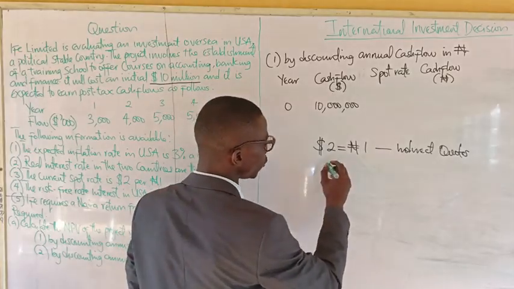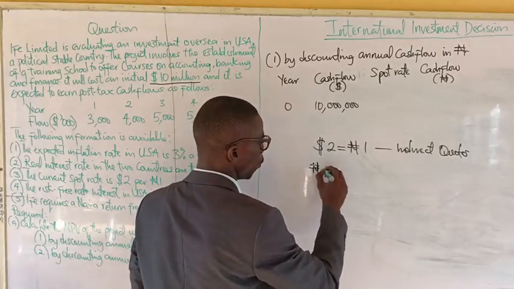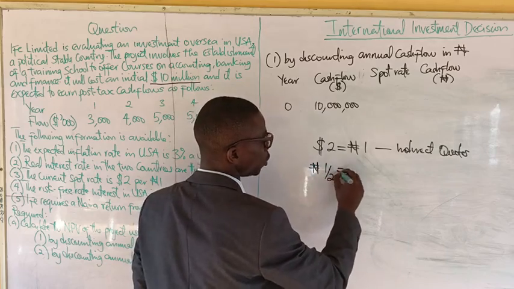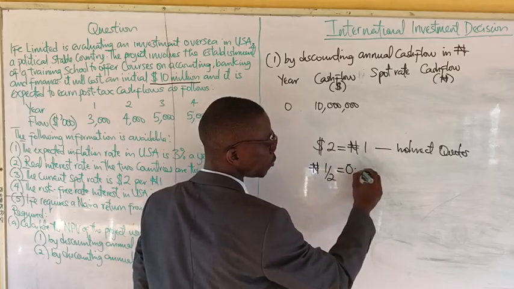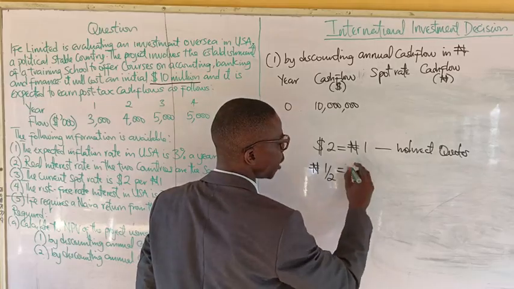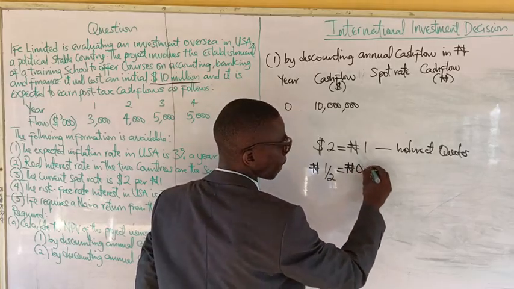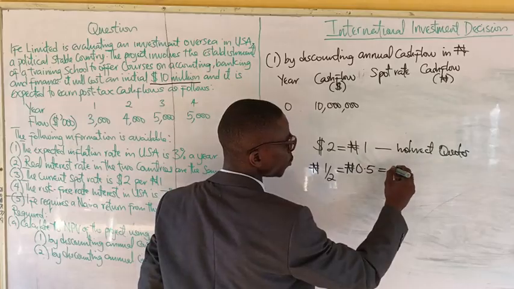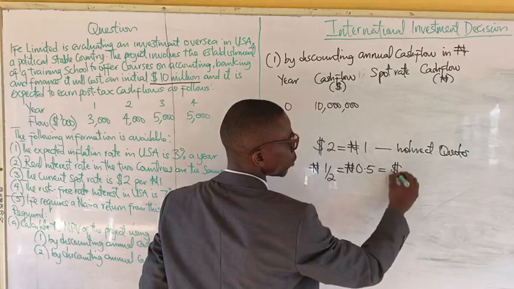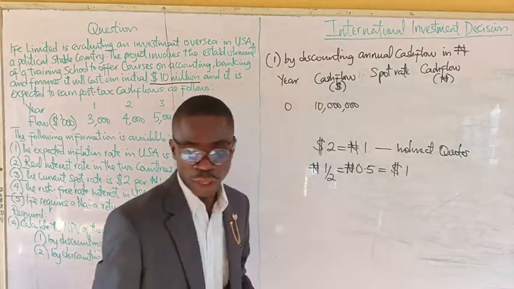So 1 divided by 2 is going to give us what? 0.5. So 0.5 naira is equivalent to $1. Do you get it now?